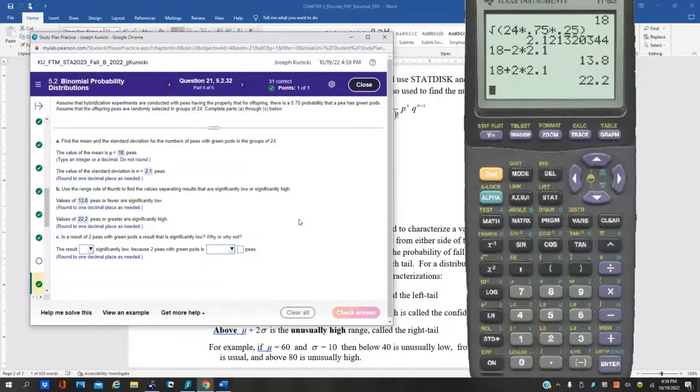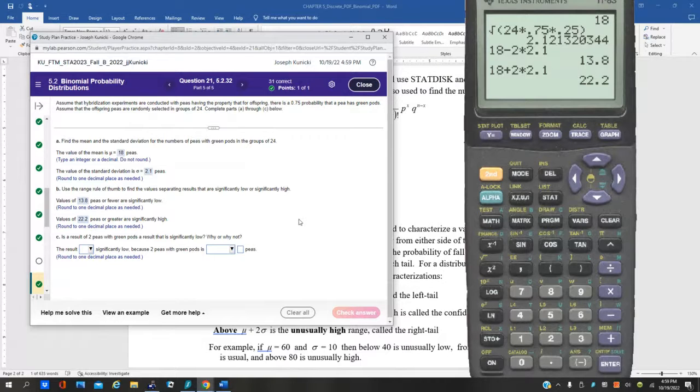So the third one is the result of 2 p's. Well, yeah, 2 p's is significantly low because it's less than 13.8. Anything between 13.8 and 22.2, so that would be 14, 15, 16, 17, 18, 19, 20, 21, those are not significant. They're in the middle.